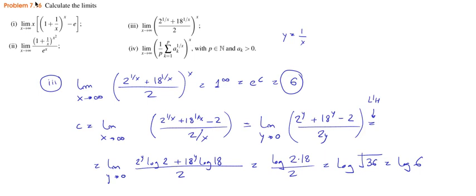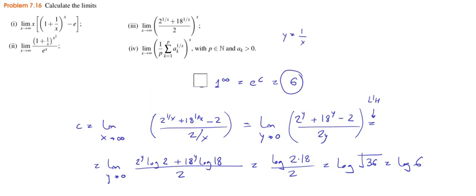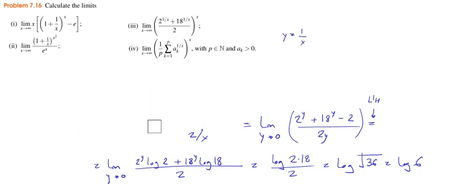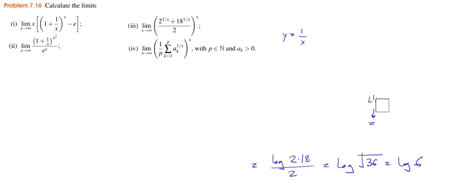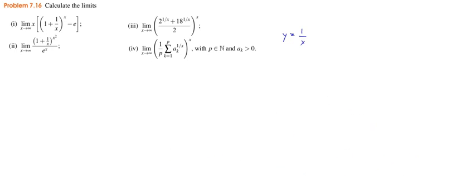Okay? And now let's go to the fourth one. And you can see that this fourth limit is just a generalization of the previous one, right? Because we have the sum of two terms divided by the number of terms, to the 1 over x, to the x, right? So the strategy is the same, right?